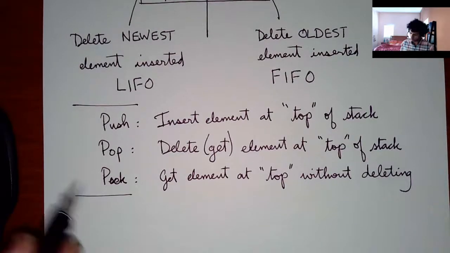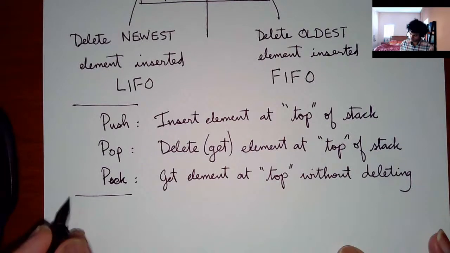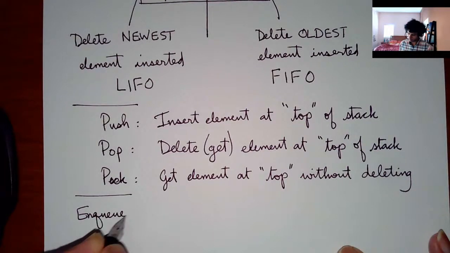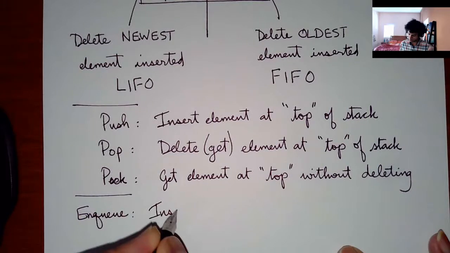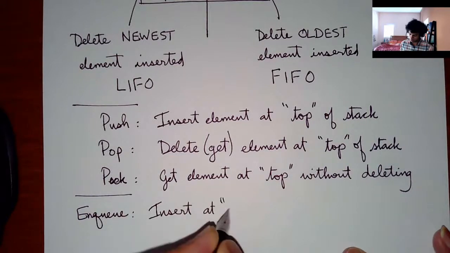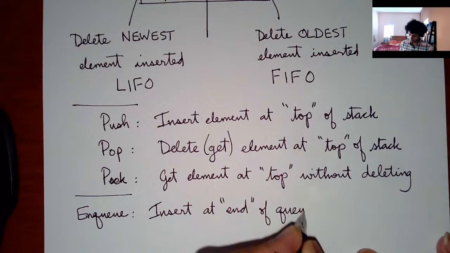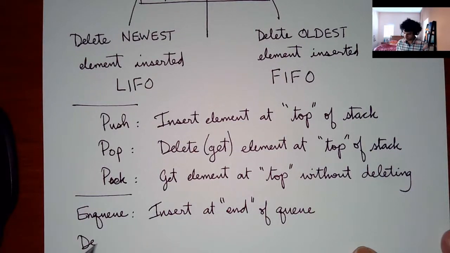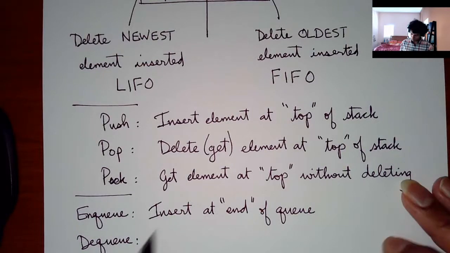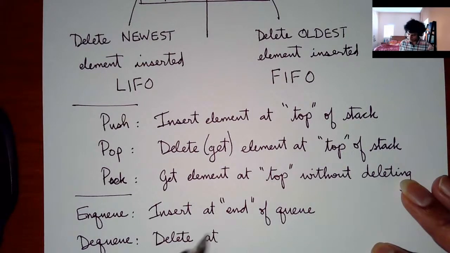And in a queue, so enqueue, often they'll say insert at the end of the queue, and dequeue is to delete at the beginning of the queue.